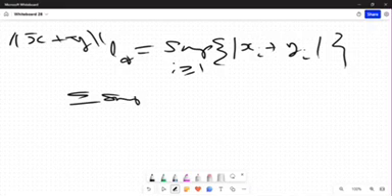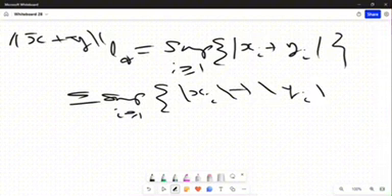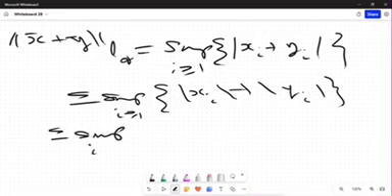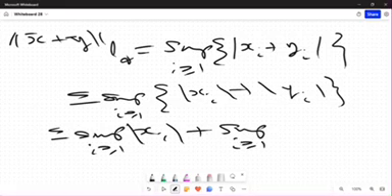This is equal to the supremum over i greater than or equal to 1 of the modulus of xi plus yi, since the triangle inequality is obeyed. And this is less than or equal to the supremum over i greater than or equal to 1 of xi plus, for the other one, the supremum over i greater than or equal to 1 of yi.